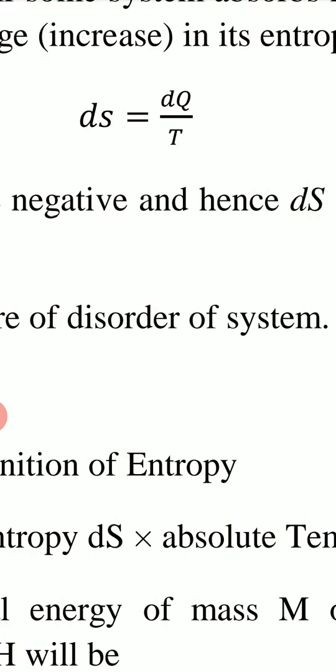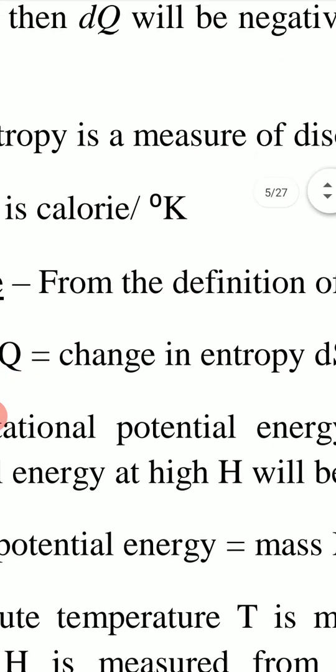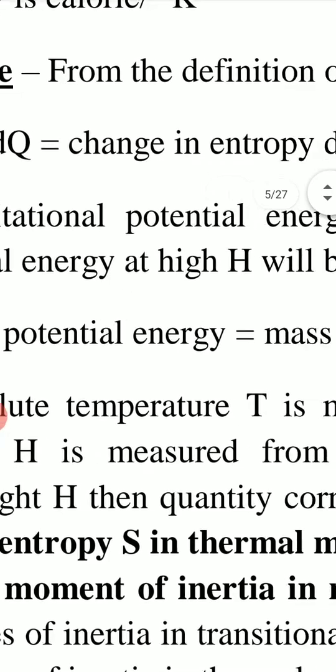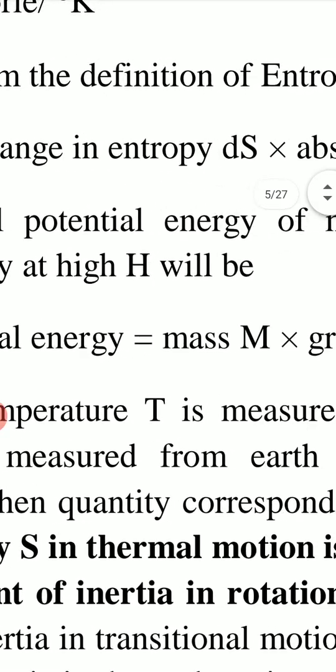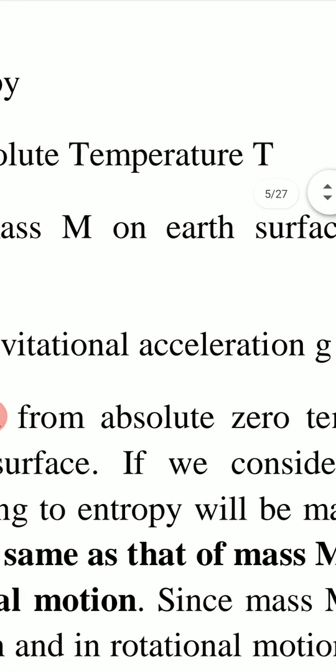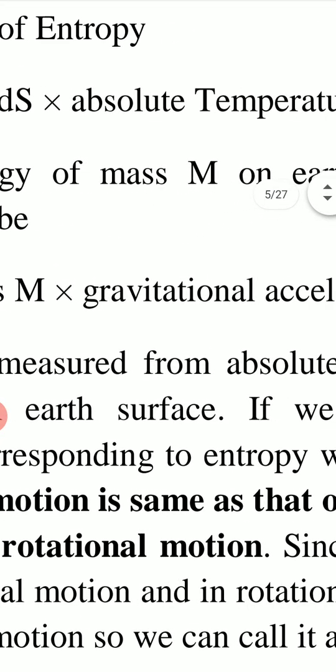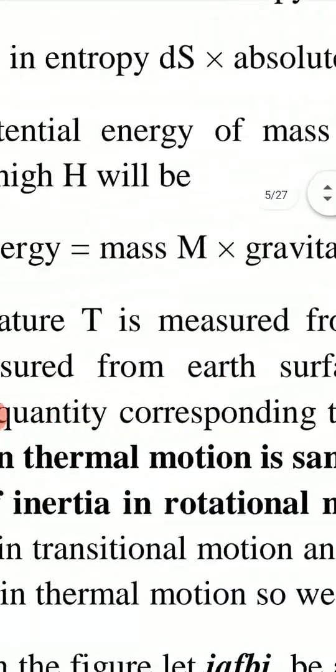This is also known as mathematical form of second law of thermodynamics. So heat energy dq is given by ds into T. ds is change in entropy and T is absolute temperature.